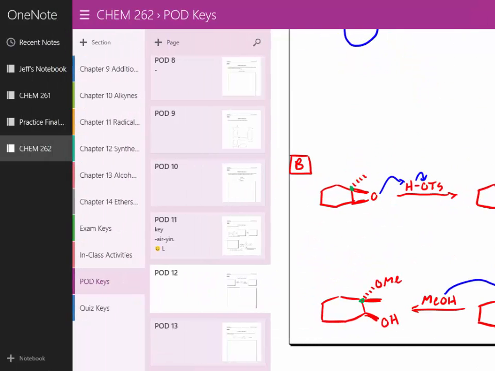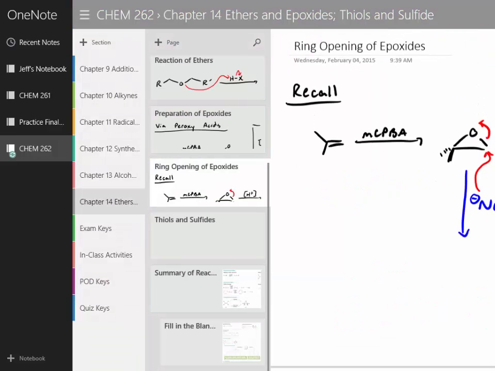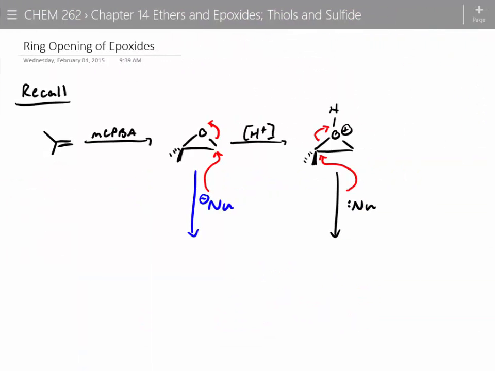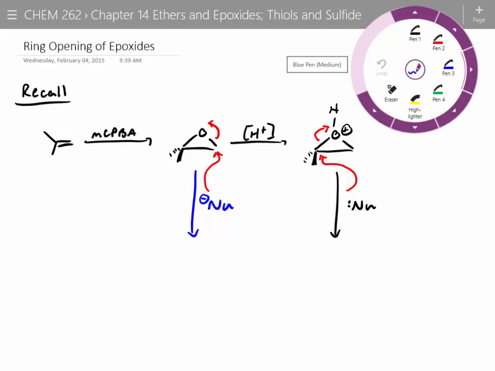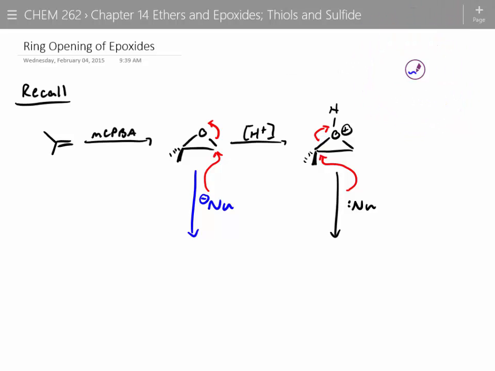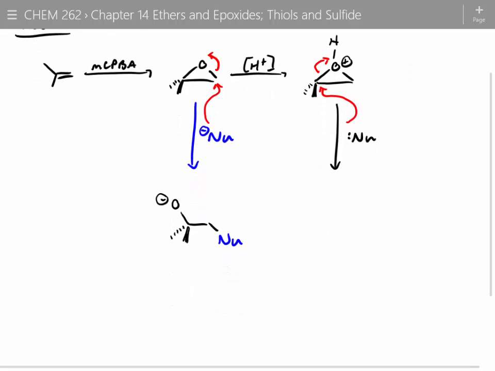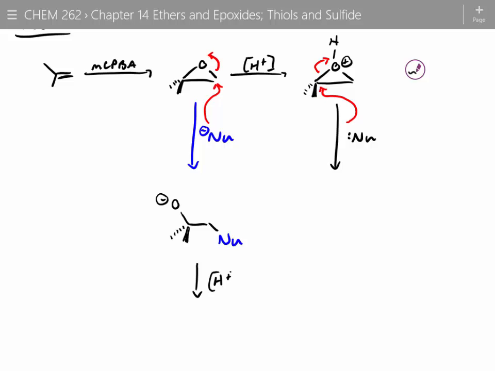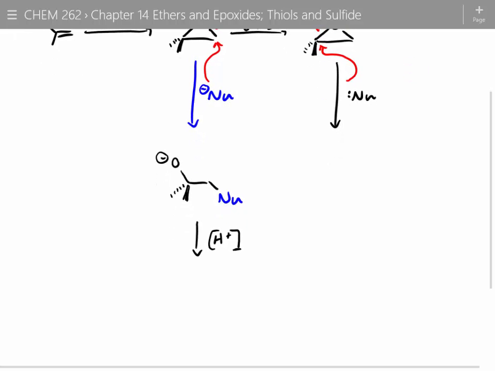All right, so let's go back to our notes and fill it in a little bit more. We said for this one, our nucleophile will add from the less substituted side. And we said if we protonate it, we can now form our alcohol.